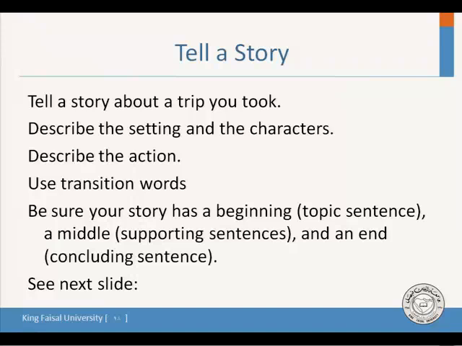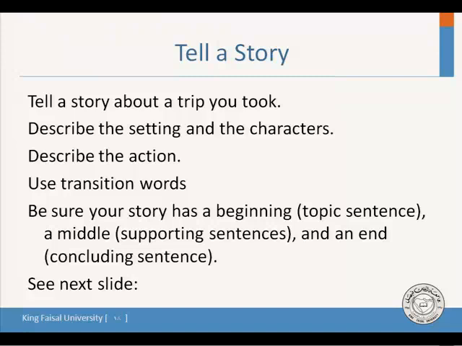First, describe the setting. What do you mean by the setting? The place and time. Okay? Then talk about the characters, the people who went with you, the people whom you saw, and describe the action. What happened? What happened during the trip?